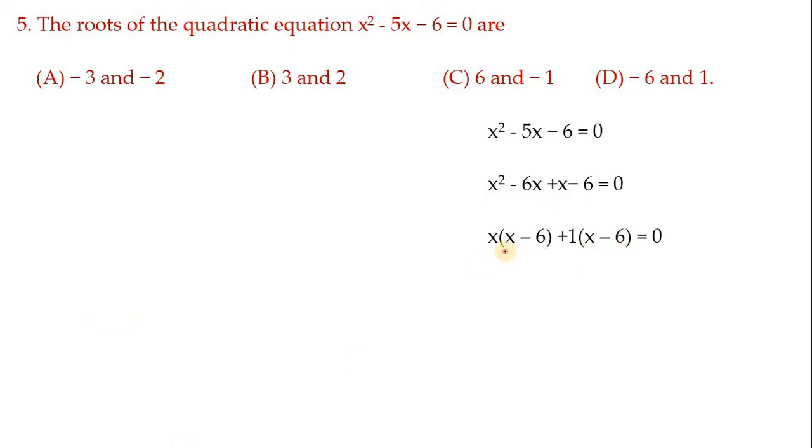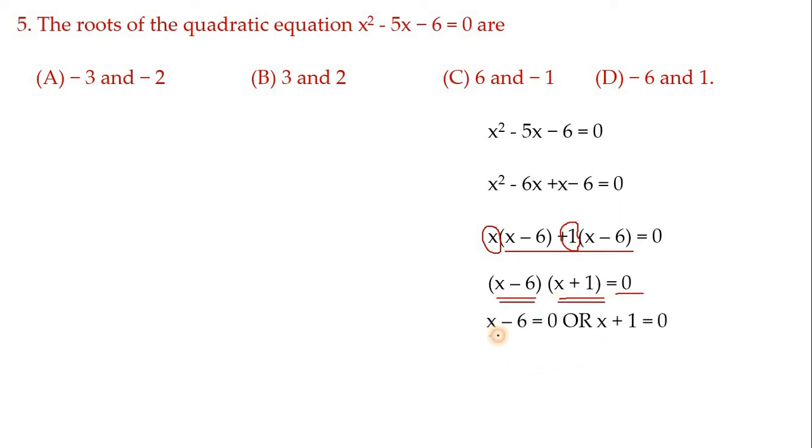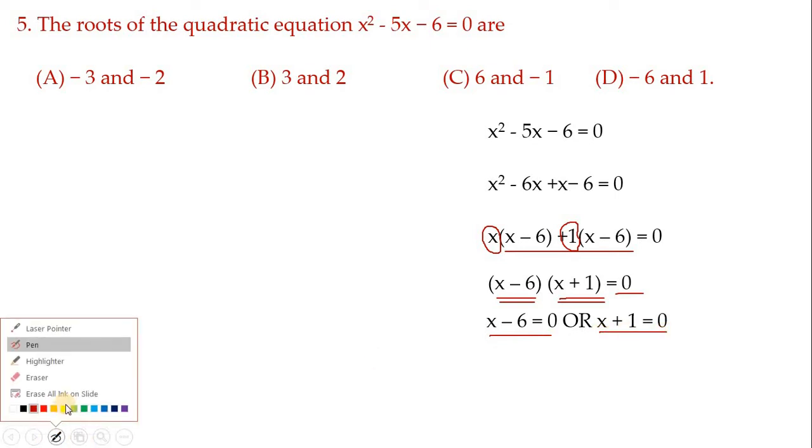Now again if you look here, we can take x minus 6 as common factor, hence take x minus 6 out, and x plus 1 will be left out, x from here and 1 from here. Now the 0 is present for both the terms, hence we can write x minus 6 equals 0 or x plus 1 equals 0.